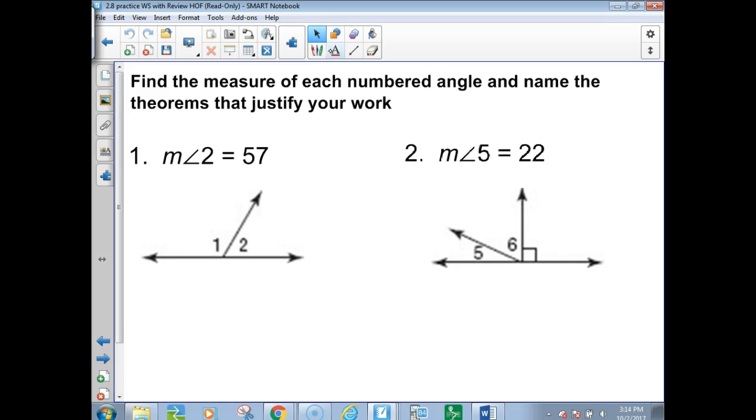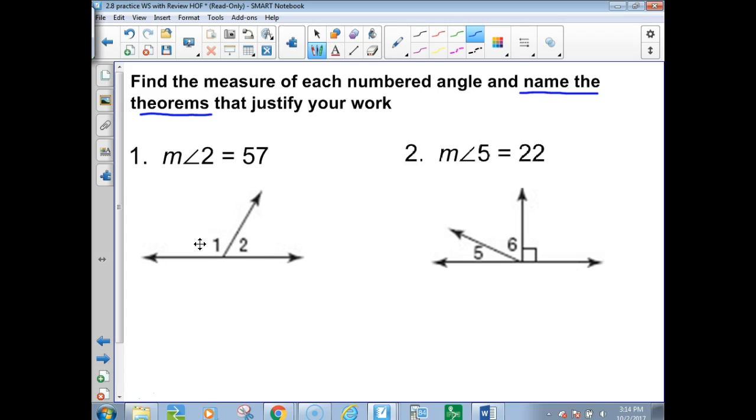Again, these are the pages in the packet, 2.8, and it was a big packet with quite a bit of practice listed there. I'm hoping that you could do more of it now. Maybe you're not understanding what it says to name the theorems that justify your work, so maybe I'll help out with a few of those. Maybe even based on today, you would know better.